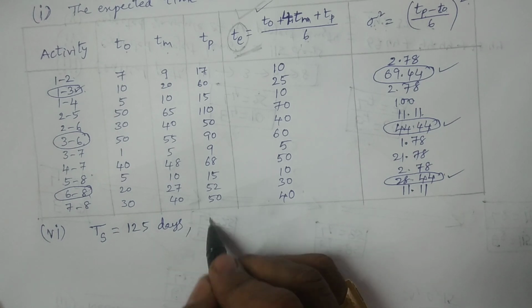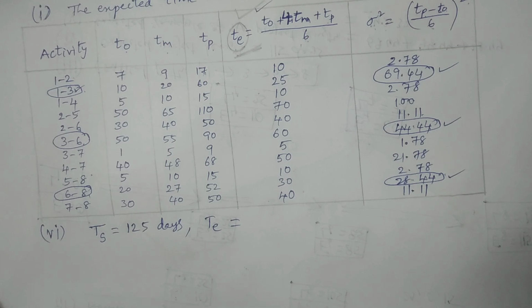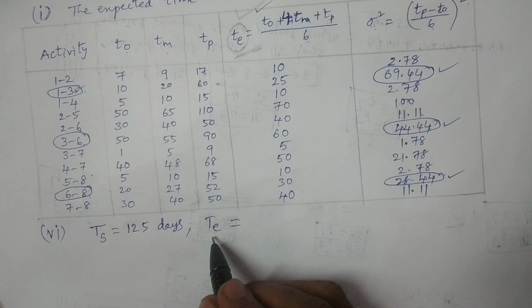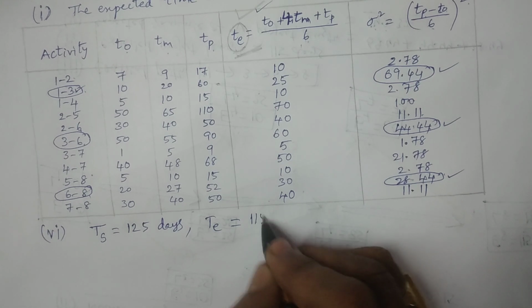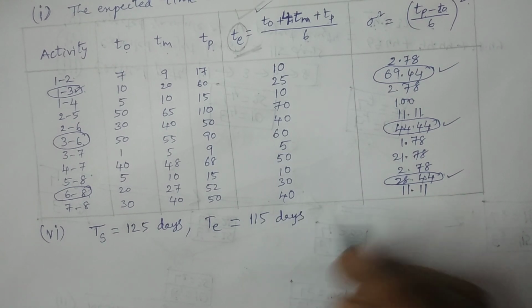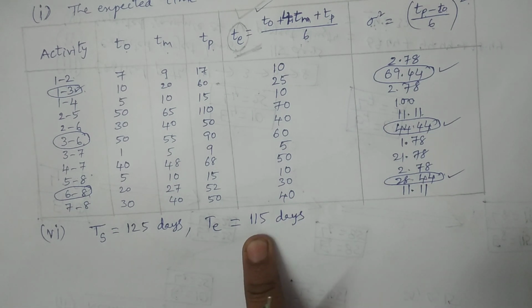Then we have the expected completion time of the project, denoted by Te. Our expectation is that the project duration is 115 days. We have just calculated that in the network diagram, through the time calculations.